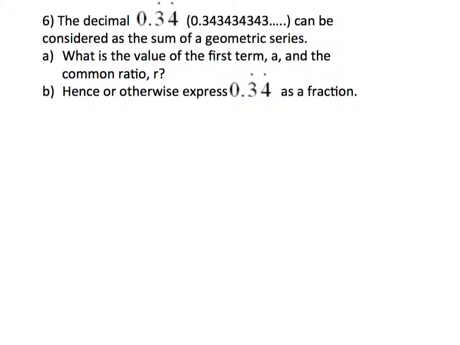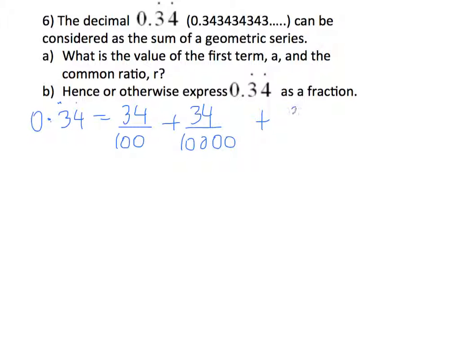So what that means is 0.34 repeater can be considered as 34 over 100 plus 34 over, add another 2 zeros, plus 34 over, add another 2 zeros, plus, keep going. Because then you get 0.34, 0.34, 0.34, etc.